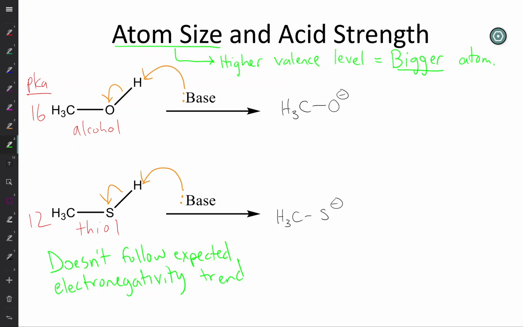And so what we're seeing here, the trend, is that the bigger the atom that hydrogen is bonded to, the stronger the acid.